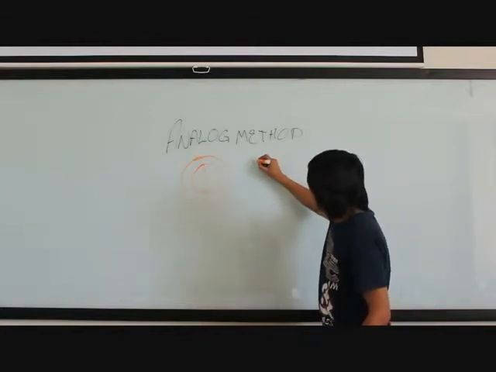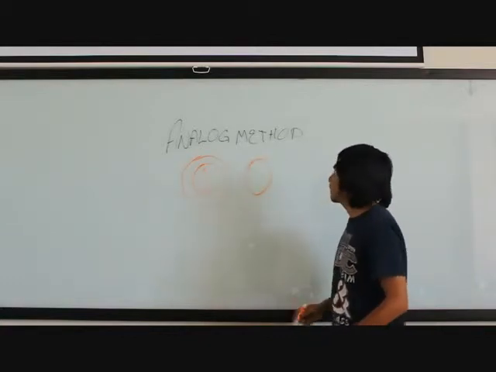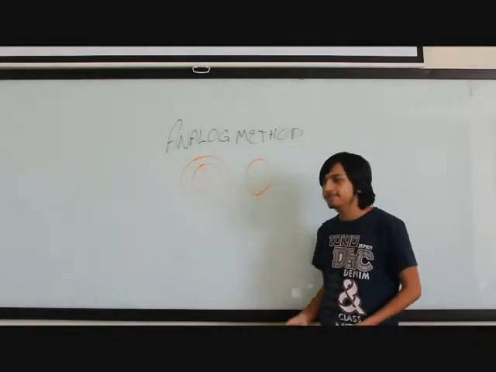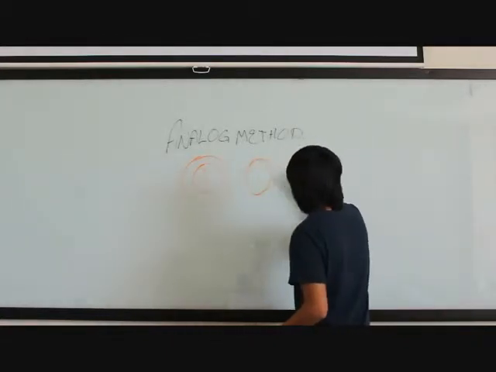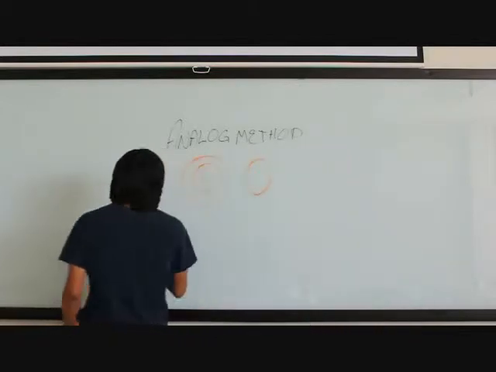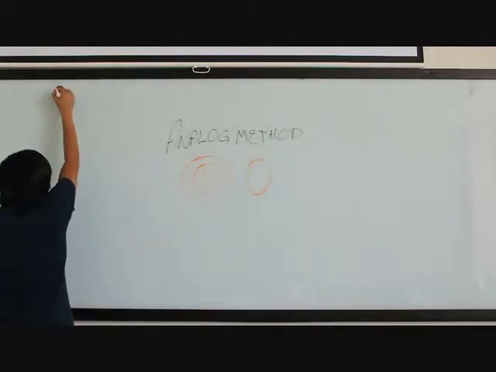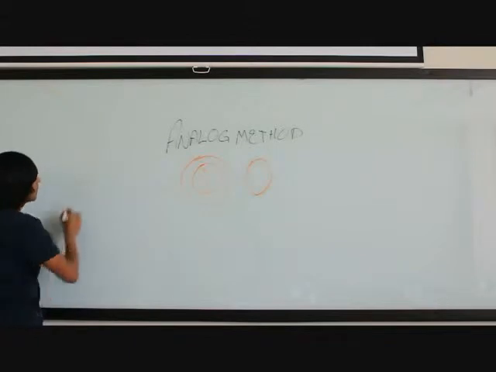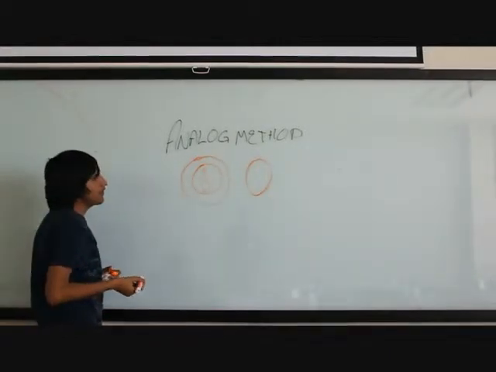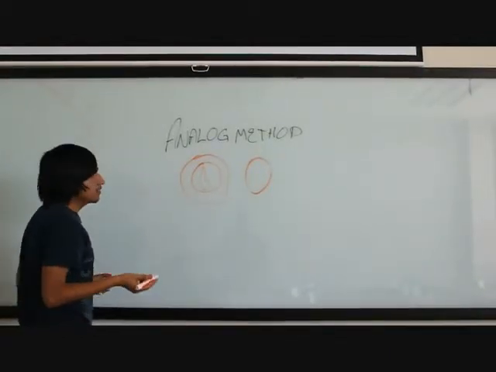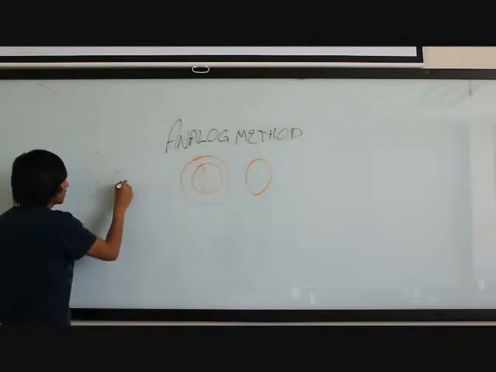There is Mars, another planet, and they are in a solar system. Okay, this is the sun. And there are more planets.